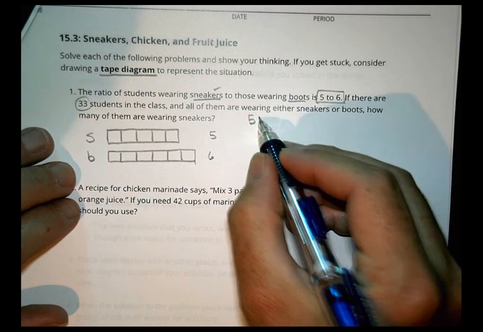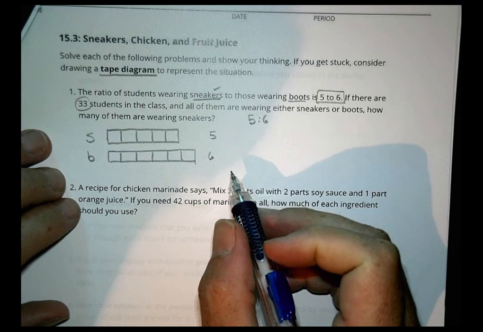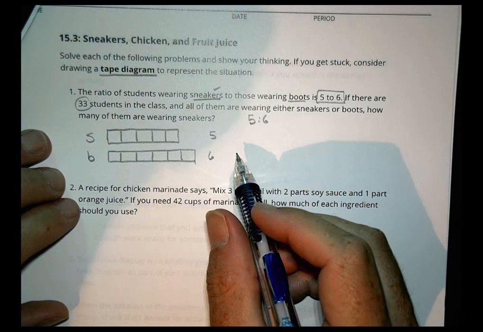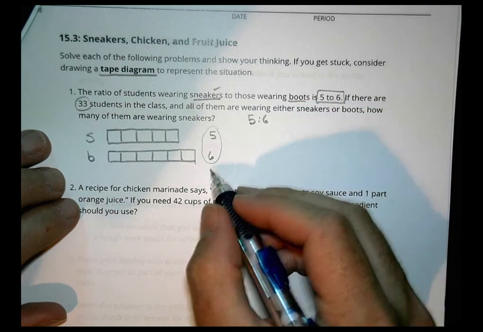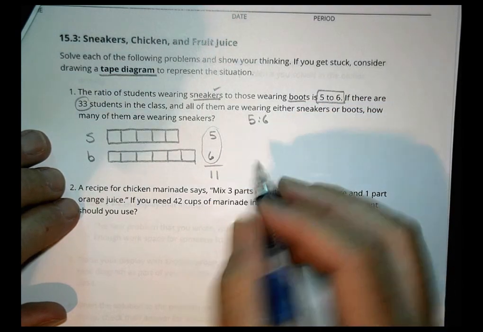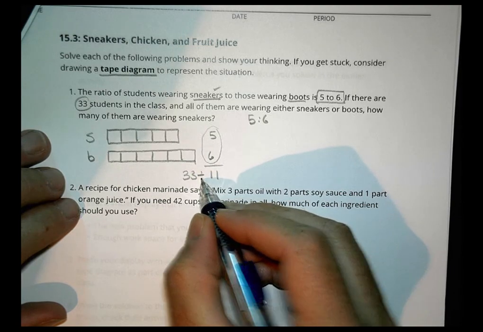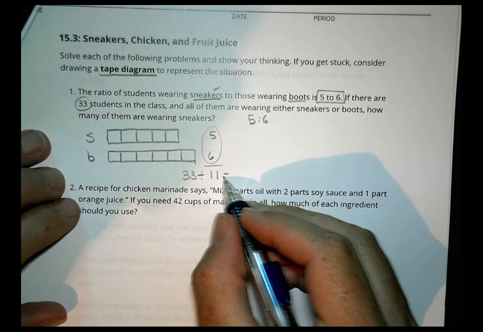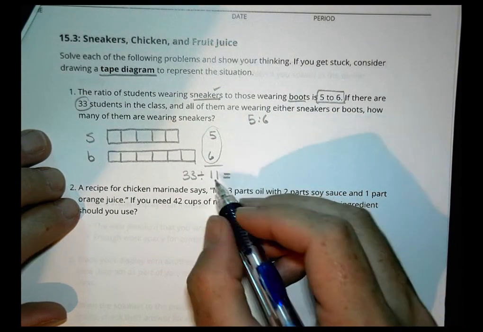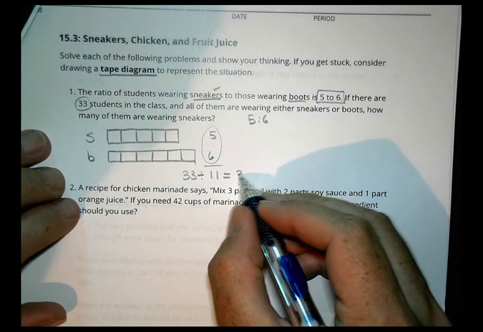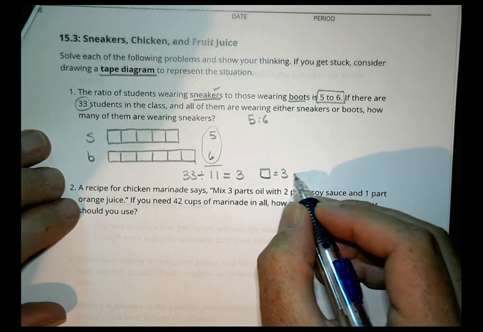So 5 to 6 is my ratio, and we're drawing it there like so. And we know that there are a total of 33 kids. Well, in my ratio, I have 5 and 6 make how much? 11, right? So if we do 33 divided by 11, that will tell me the value of 1 square. 33 divided by 11 is going to be 3, so that tells me that 1 square equals 3 students.